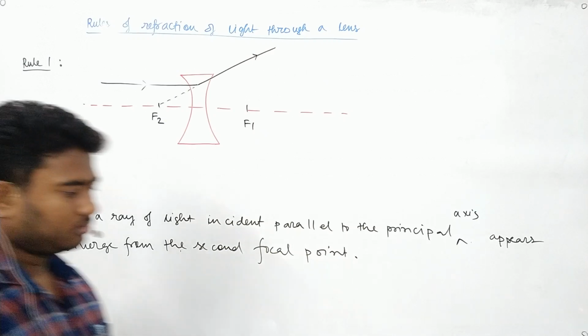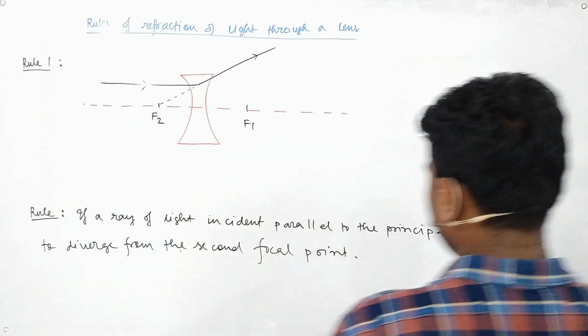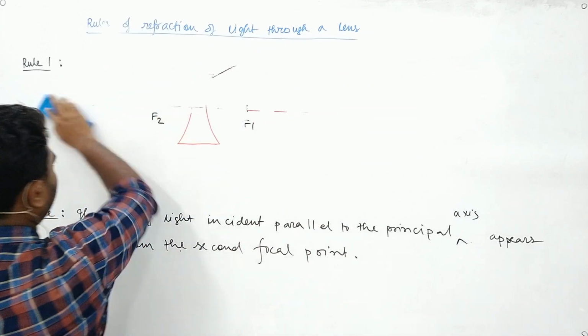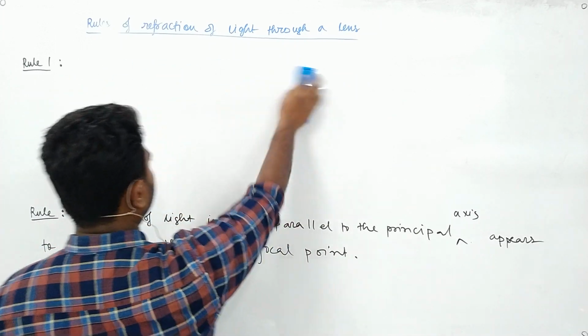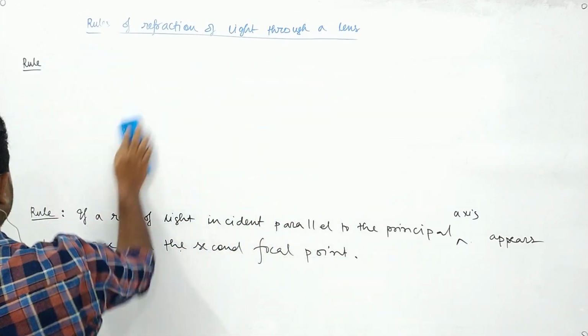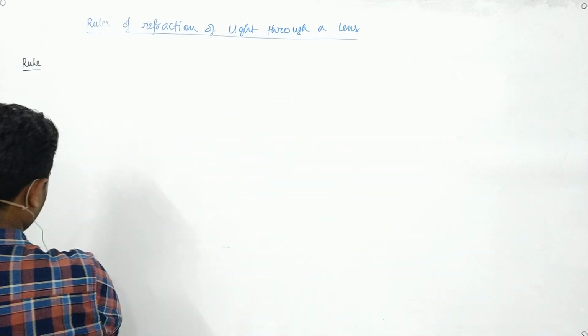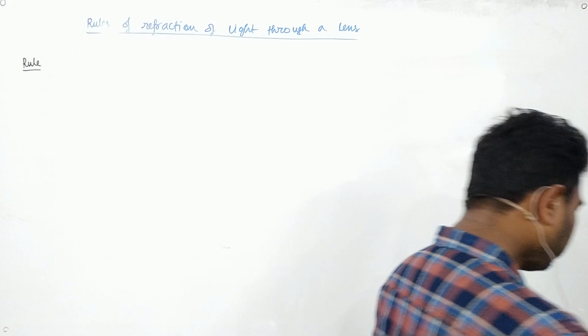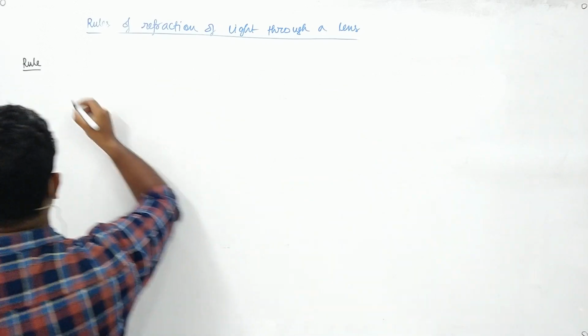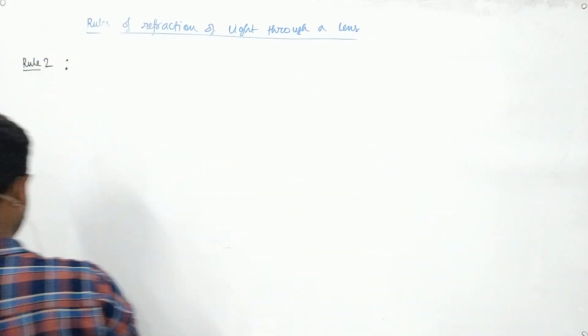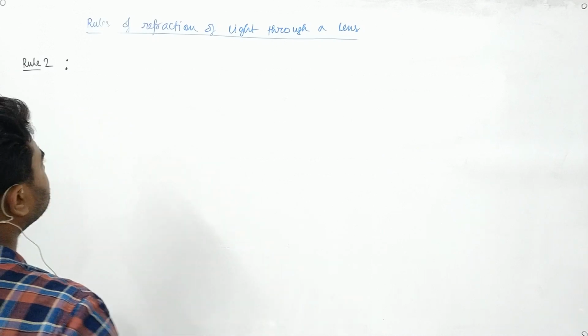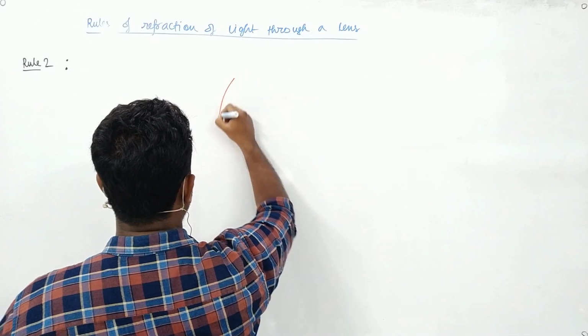Okay, now we will do the second thing, rule 2. See, rule 2 states that, suppose this is a lens.